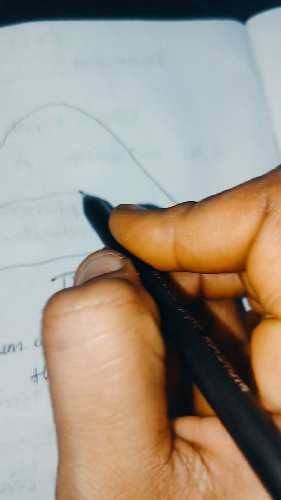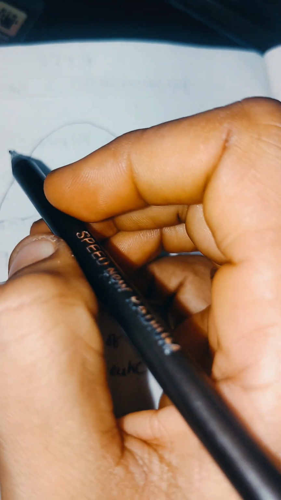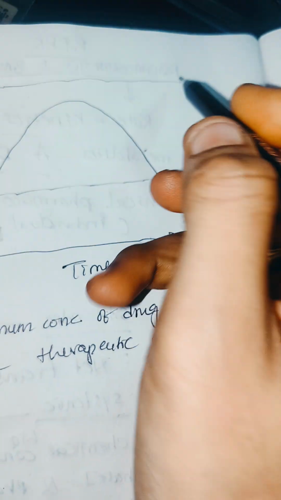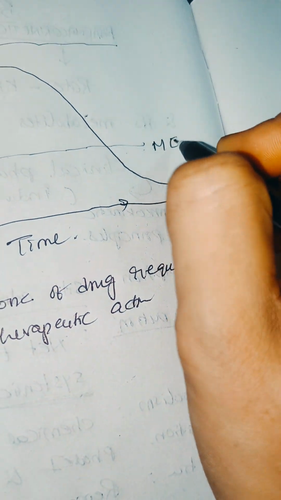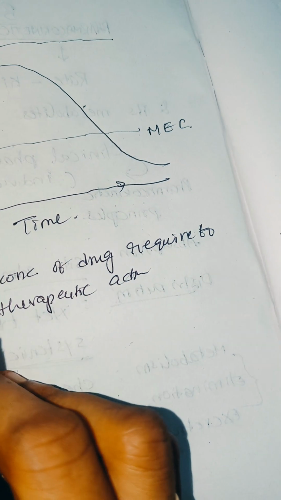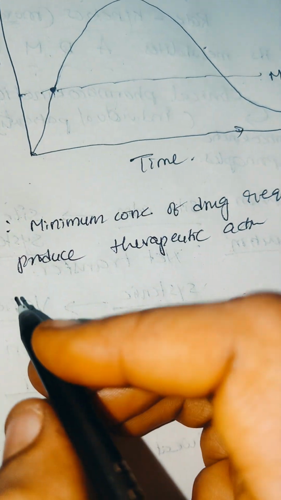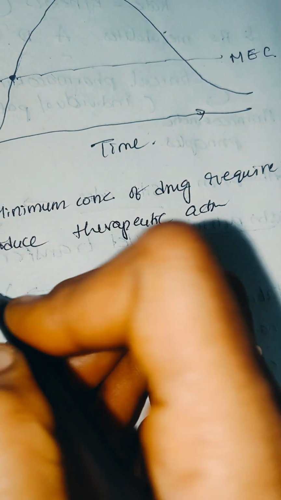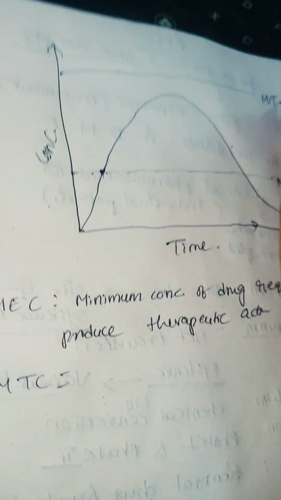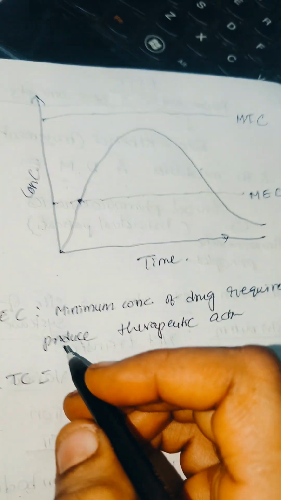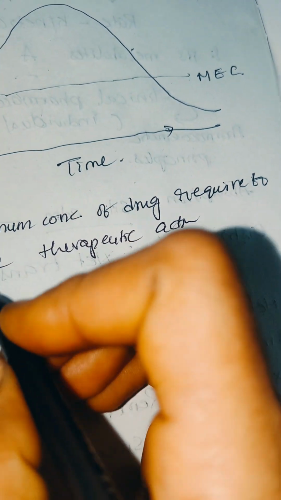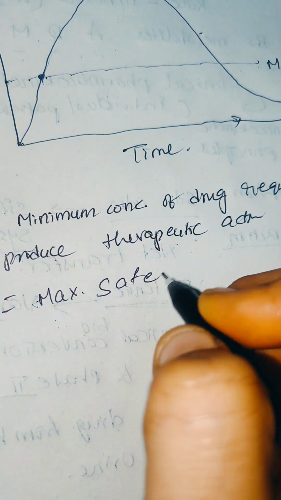So here we can divide the curve into different zones. When the drug crosses the minimum effective concentration, only then can it elicit the pharmacological action. This is the maximum therapeutic concentration, MTC, also called the maximum safe level.